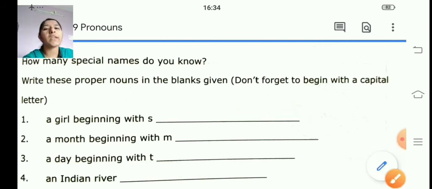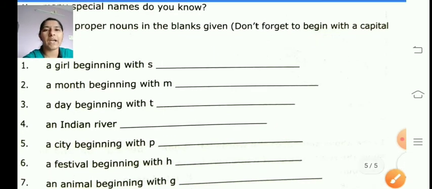So second one, you can do the remaining. A month beginning with M. The month name should start with M. When you are writing, you should use the capital letter, right? You know, right? March, like that, May. Anyone, you will just take it and write it in the dash there. You should begin with a capital letter.